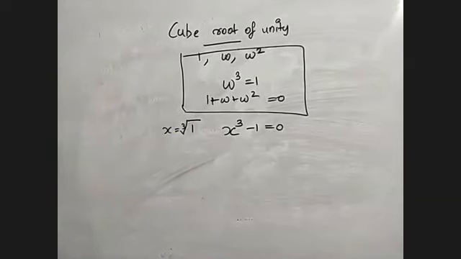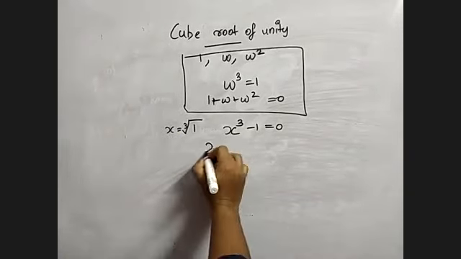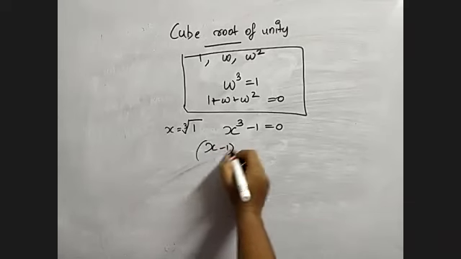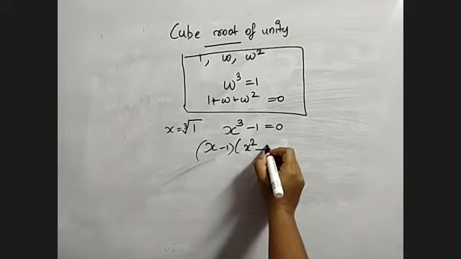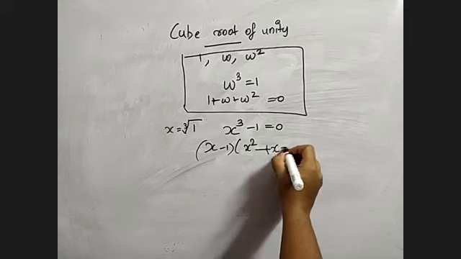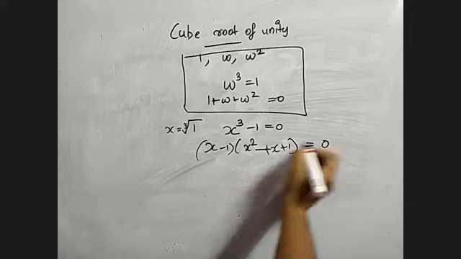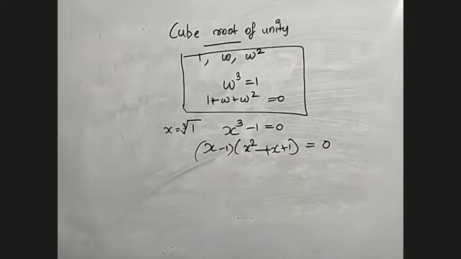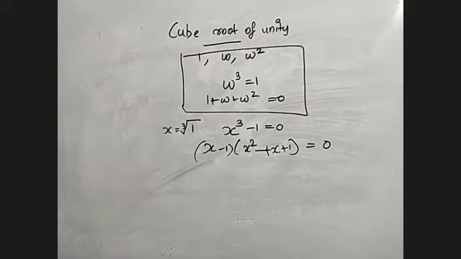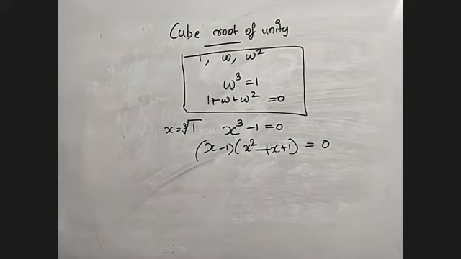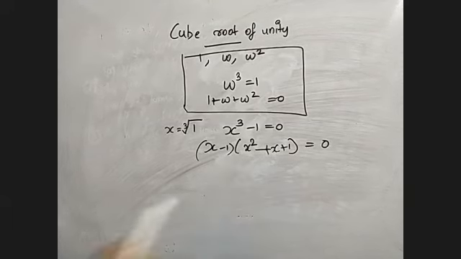I can solve this as x minus 1 into x square plus x plus 1. If I factorize x cube minus 1, I'll be getting like this. If it is a cubic equation, how many roots will be there? 3 roots will be there. So I need to get 3 roots from this.